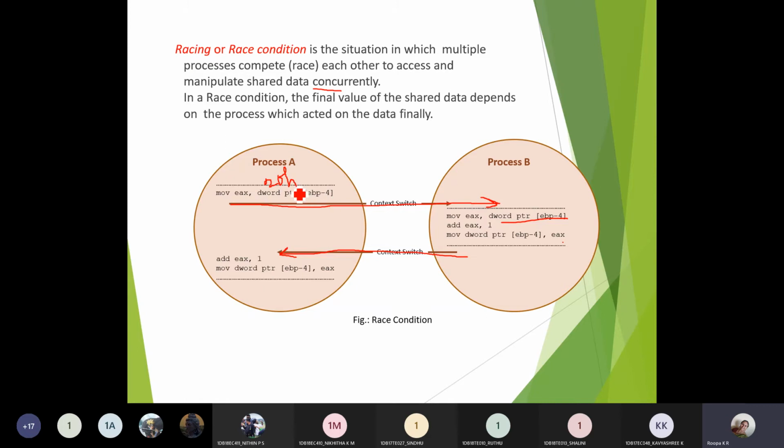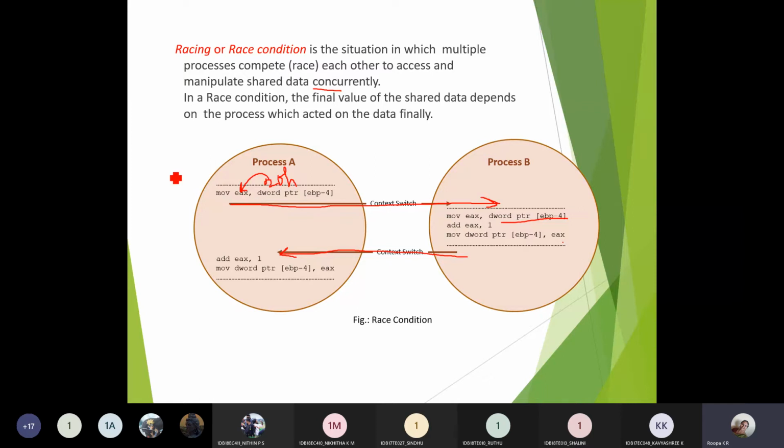In each location I can store 8-bit data, and 32-bit means 8 fours are 32. So 17, 18, 19, 20. Whatever data I have from 17 to 20, I'll be storing, this double word, in the register EAX.